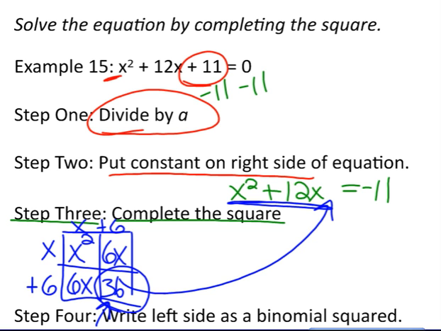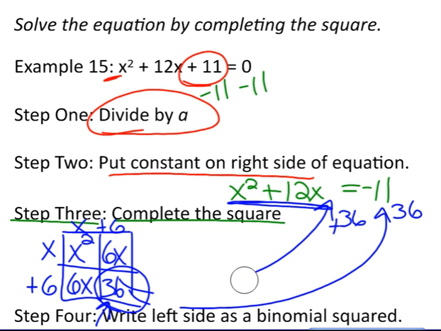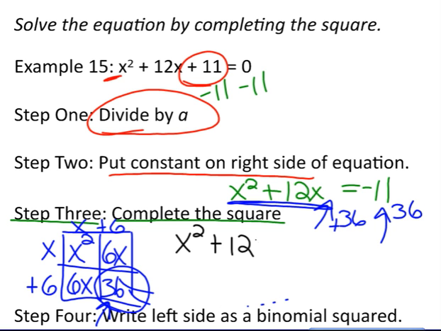So this number we're going to add here, and we need to add it here. Okay, so let me get a little bit of room here. Alright, so now I have x squared plus 12x.